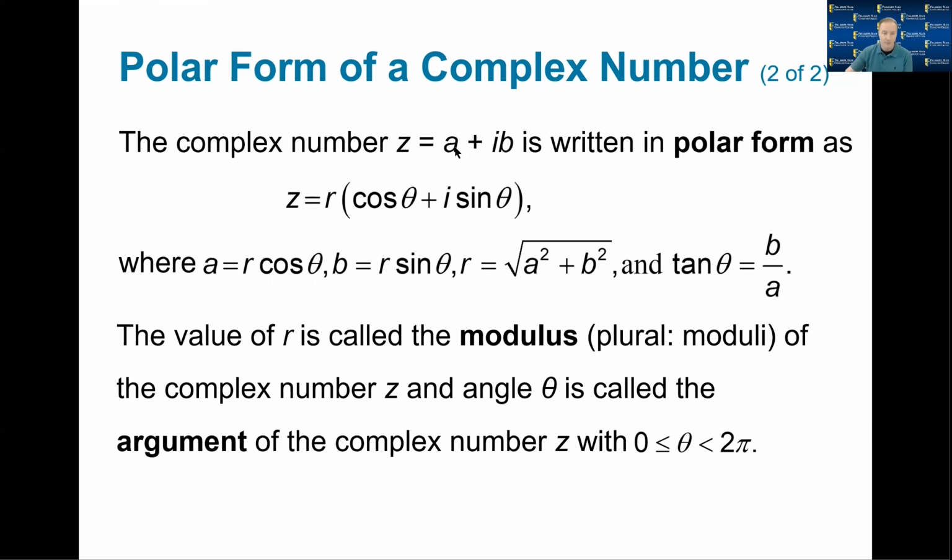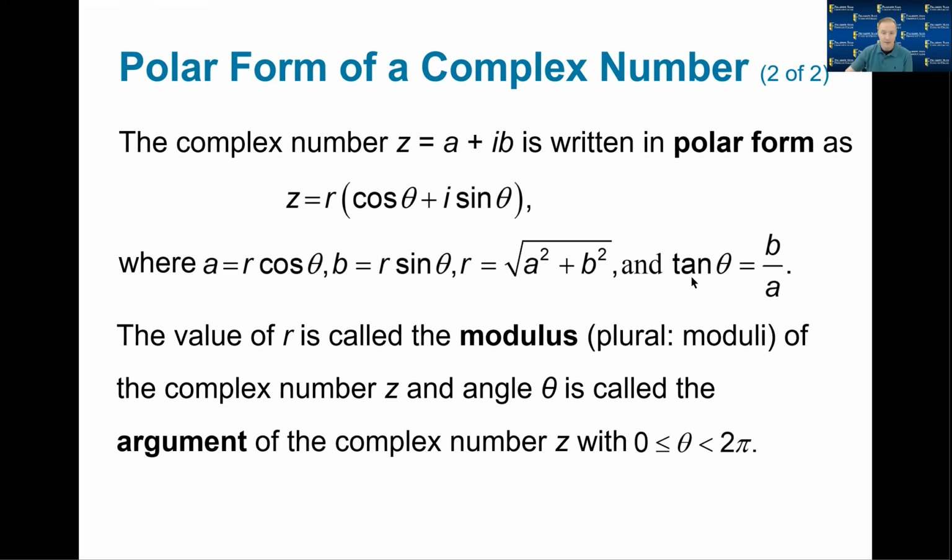If we're trying to convert that rectangular form to the polar form, we can always just say, well, the horizontal component, which is going to be the a value in our complex number, that's always going to be r cosine theta. The vertical component, that's the b, the coefficient of the imaginary number. It's always going to be r sine theta.